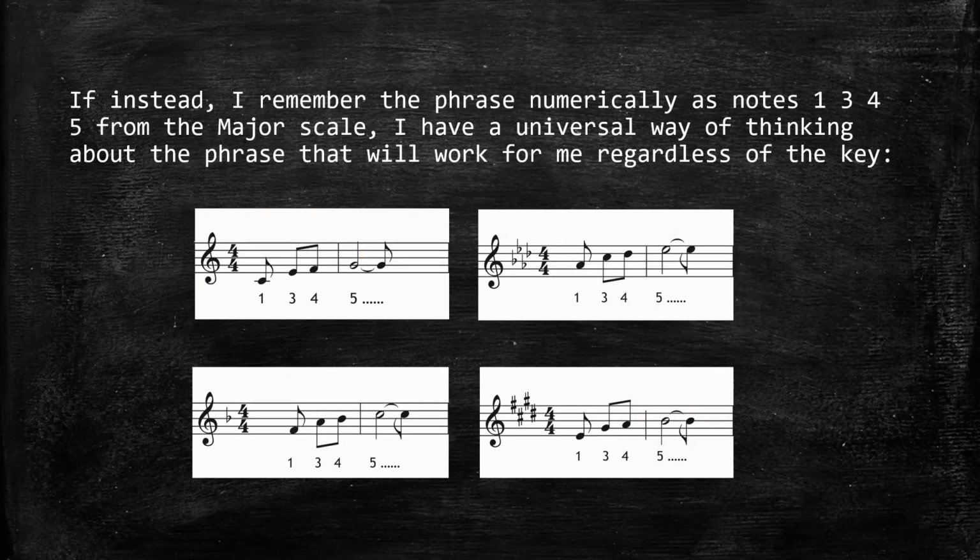If instead I remember the phrase numerically as notes 1, 3, 4, 5 from the major scale, I have a universal way of thinking about the phrase that will work for me regardless of the key.